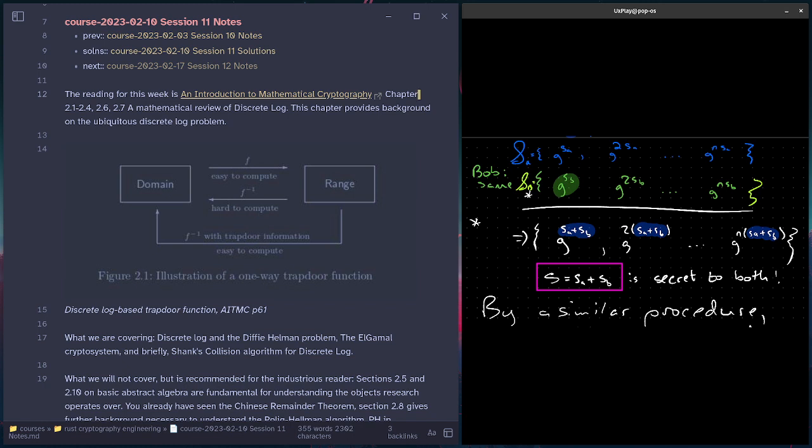So Bob cannot recover sA, and Alice cannot recover sB. So this would be an example of using a form of multi-party computation to produce a shared common secret. And what's quite neat about this is that we can actually evaluate entire polynomials behind the hidden exponent of the discrete log.